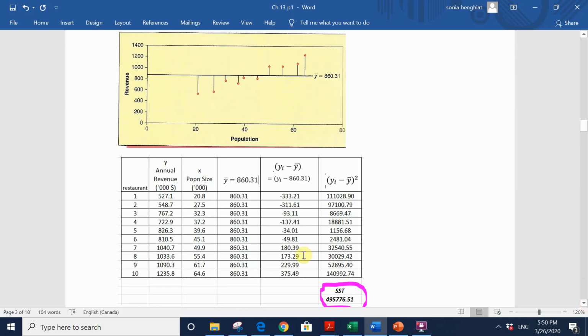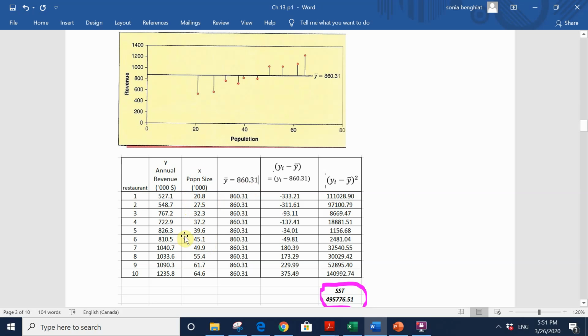So let's take a look over here. Here we are with our original data for our sample of 10 restaurants. We've got our X values and our Y values, the same as before. Here we see that if I were to use this very basic, boring model of 860.31, each time I want to predict a Y value for a given X value, at X equals 20.8 thousand of population, I can expect my Y value to be 860.31.